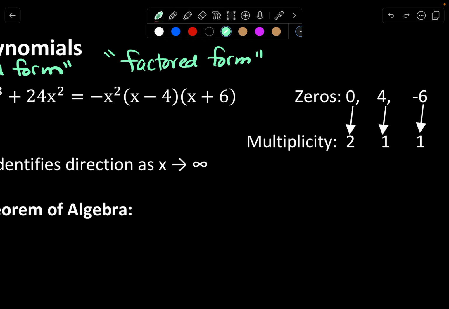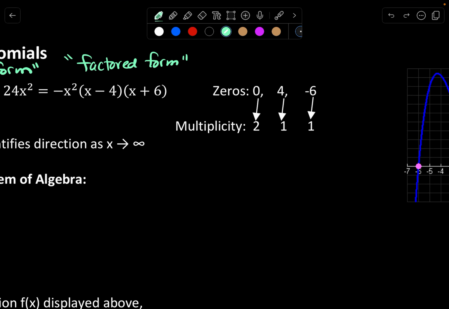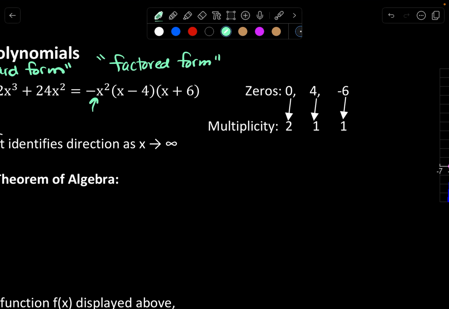Something else we can see in factored form is the multiplicity of each of the zeros. So if we look here, this is technically x minus 0. We just never write it like that because 0 is nothing. So we just write it as x squared, which means at x equals 0, it has an even multiplicity because it's squared.